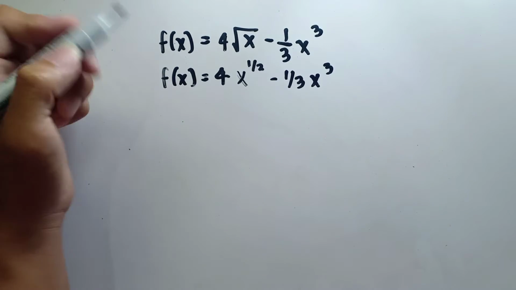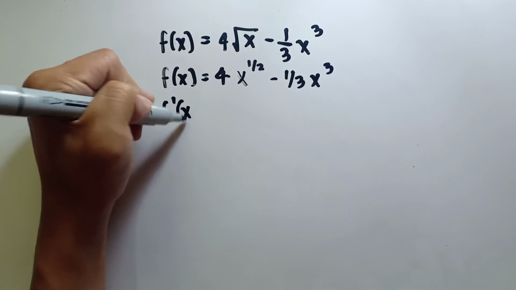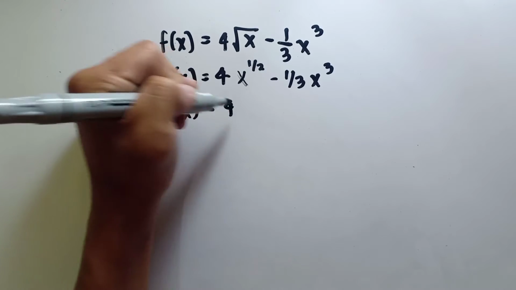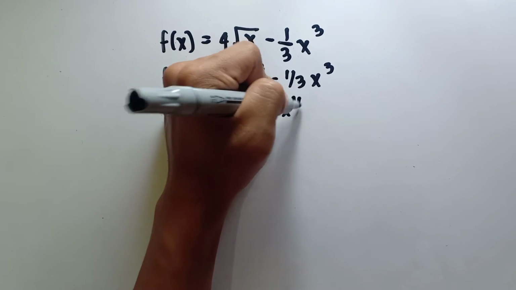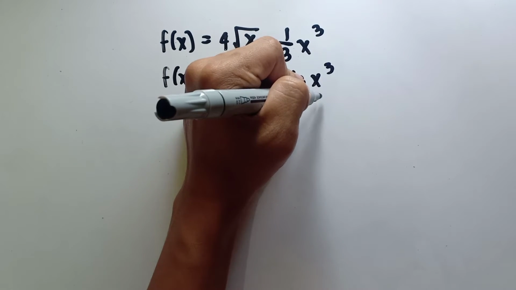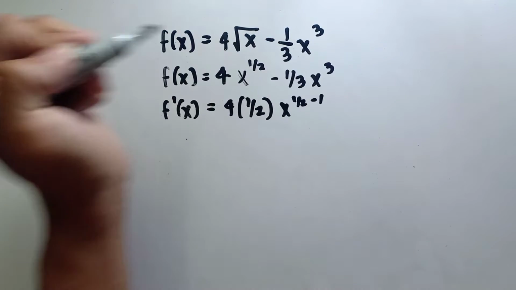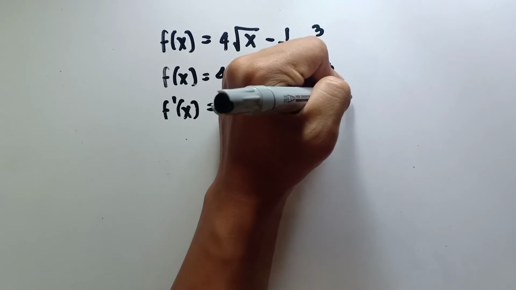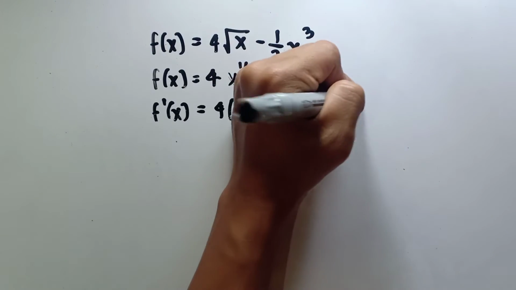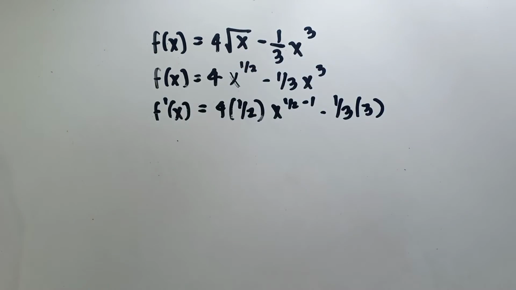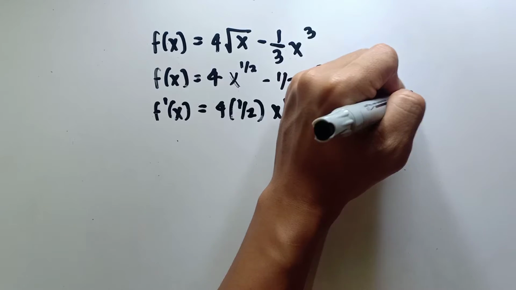So we can differentiate now. f prime of x is equal to 4, bring down 1 half, x to the 1 half, subtract rather, negative 1, minus 1/3 multiplied by 3, x, 3 subtracted by 1 is just a 2.